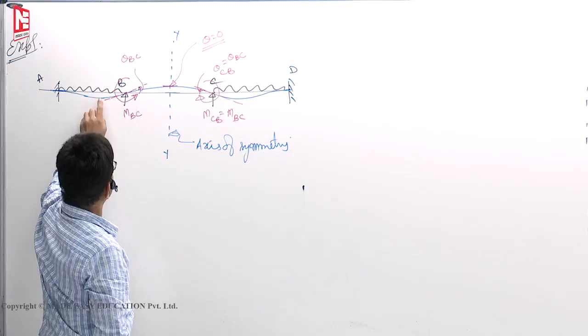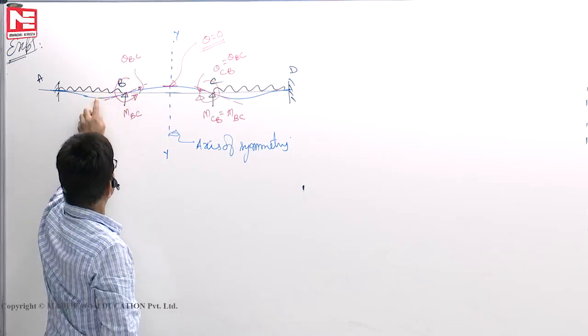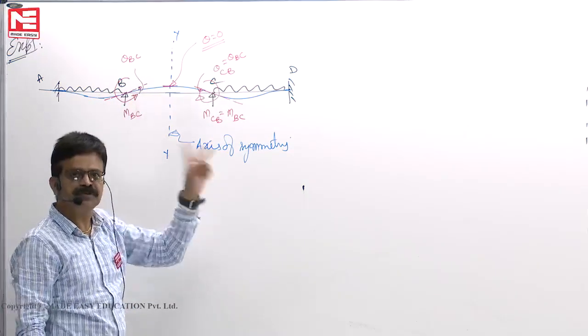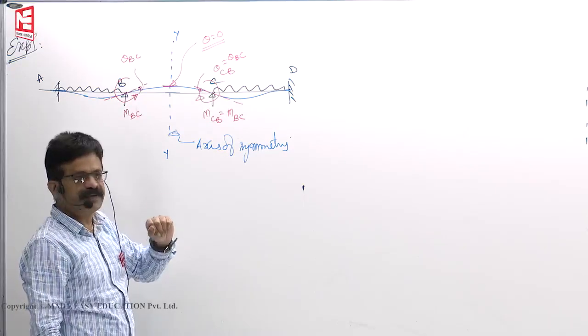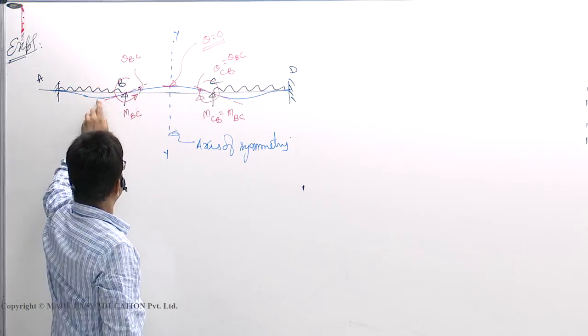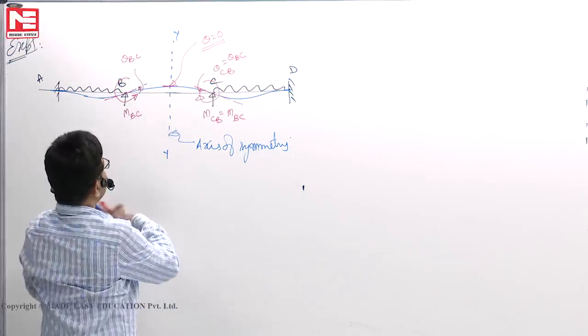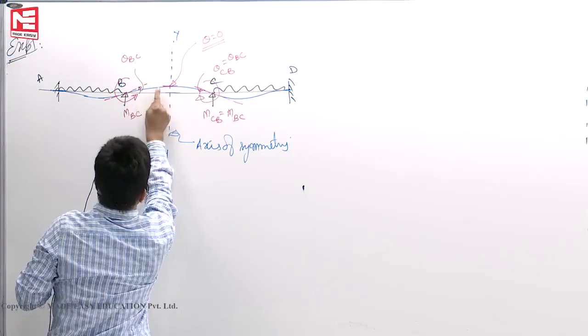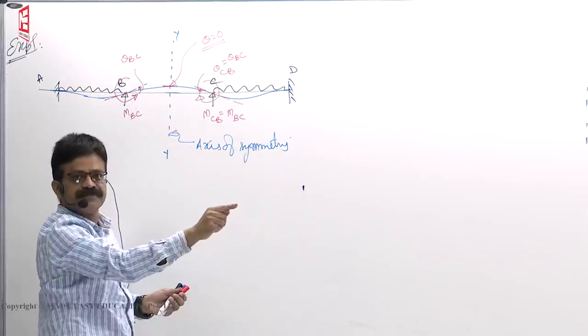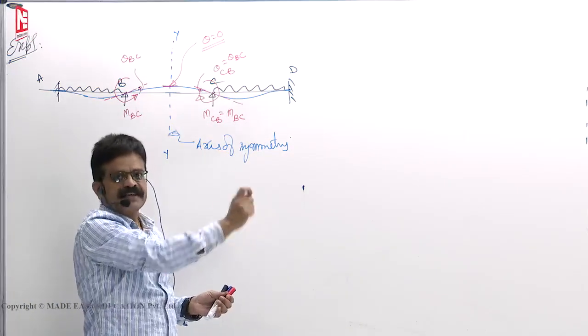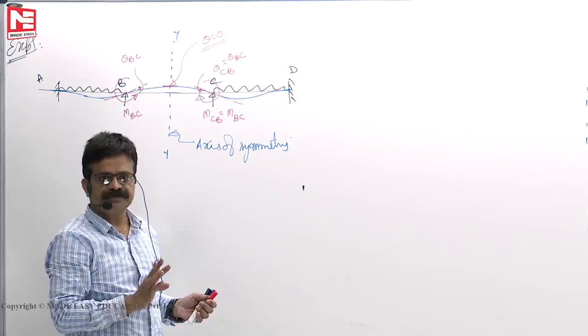When I fold this, one is downward and the other is upward. This will not sit on this one, though those slopes are equal. So for this one to sit on this one, slope must be 0. If I cut here and fold it, this profile will exactly sit on this one. For it to sit exactly like that, the slope must be 0.